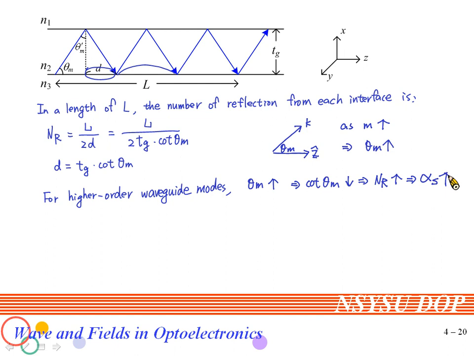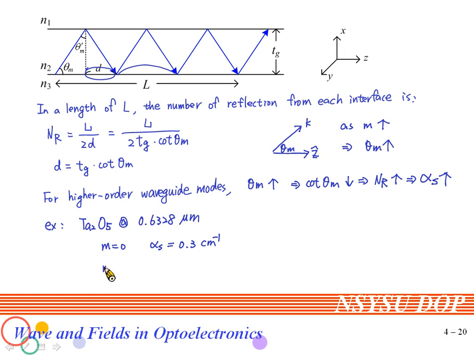Okay, for example, consider an optical waveguide formed by Ta2O5. If we set the operation wavelength to be 0.632 micrometer, and for M0 modes, we have the scattering loss is 0.3 inverse centimeter.